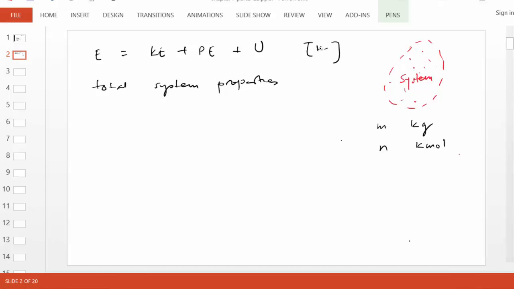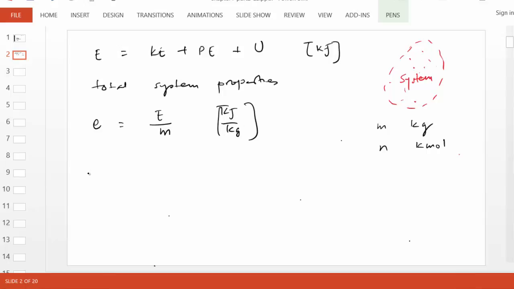Obviously, since the system is uniform, we could also express specific properties. We'll define small e to be capital E over m, which has the unit kilojoules per kg.